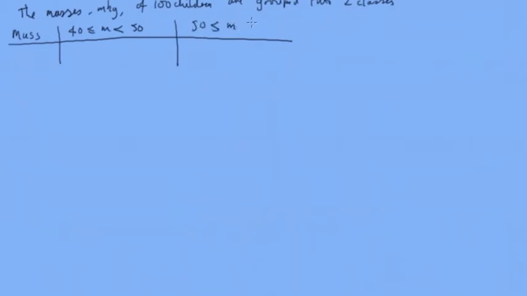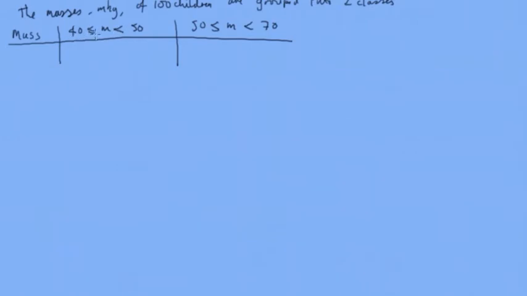And we've got this table, so we've got our mass, and our first class is going to be 40 kilograms less than or equal to m less than 50, and our second class is going to be 50 less than or equal to m less than 70. So we can see immediately that our class widths are not equal.